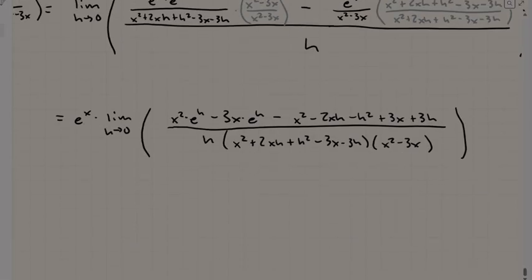All right, and one thing I notice now that I'm looking at it is that we've got an e to the h times x squared minus 3x. And then we've got a minus x squared plus 3x, which is like a negative x squared minus 3x. So it looks like we might be able to factor that out of each of these terms.